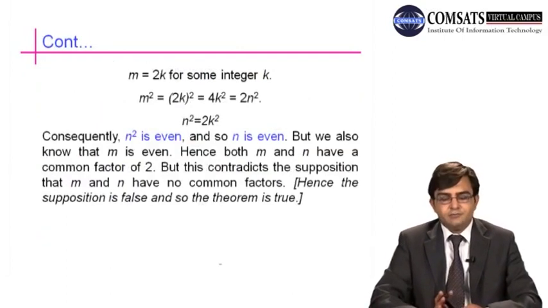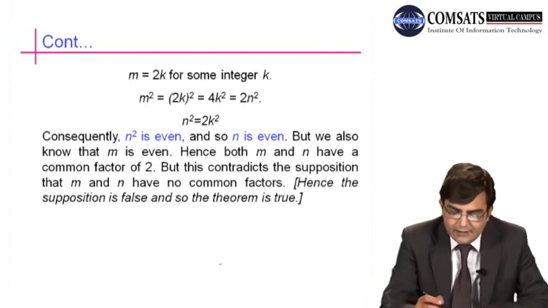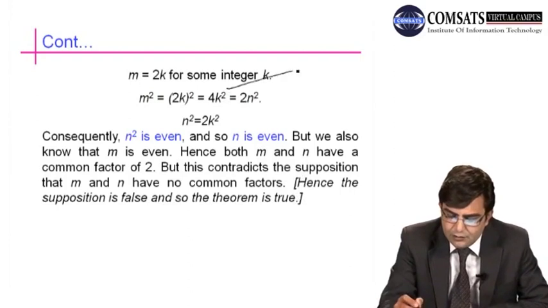If m is even, then m can be written as 2 into some integer k, and if we take the square, m square is equal to 2k whole square, which is 4k square. This can be written as 2 into 2k square.